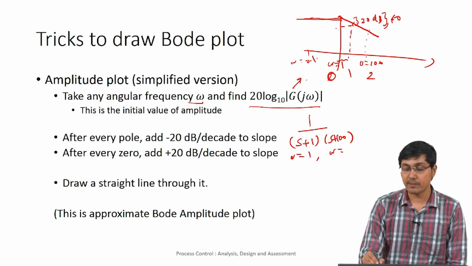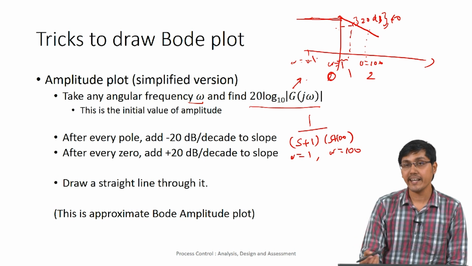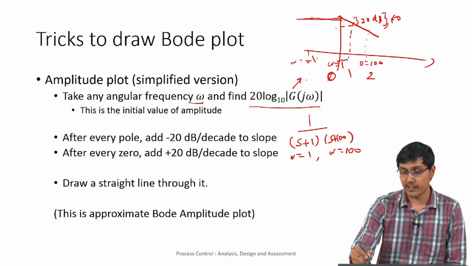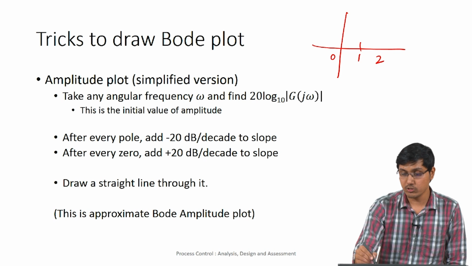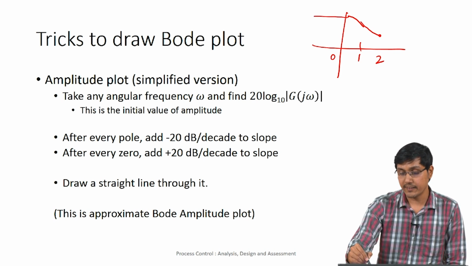And then at omega equal to 100, or 2 in the logarithmic scale, it starts falling by an extra 20 dB, because of another pole. So basically 0, 1, 2: initially it was falling at 20 dB till 2, and then it starts falling by an additional 20 dB. So now it falls at the rate of 40 dB per decade.